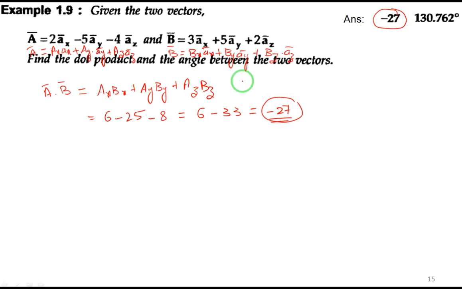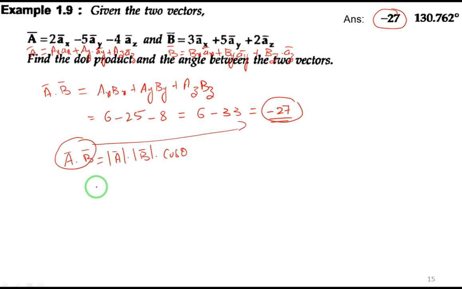Then next, find the angle between the two vectors. If you want to find the angle between the two vectors, make use of the definition of dot product. Vector A dot vector B is equal to magnitude of vector A into magnitude of vector B into cos theta. A dot B is already calculated in the previous step, that is minus 27.